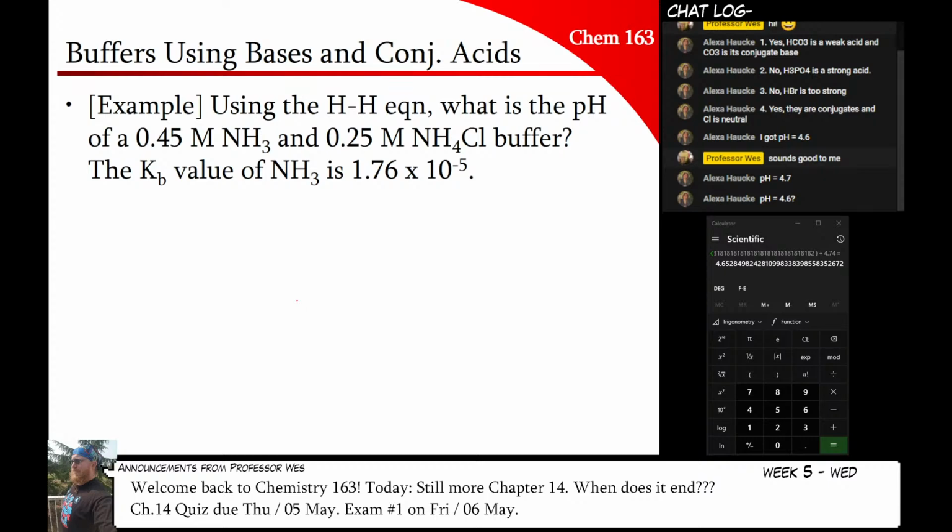Using the HH equation, what's the pH of a 0.45 molar ammonia and a 0.25 molar ammonium chloride buffer? First of all, is it a buffer? I got a weak base, and here's its conjugate weak acid, so yes, it is a buffer. So let's find this out. Let's write out the equation first.